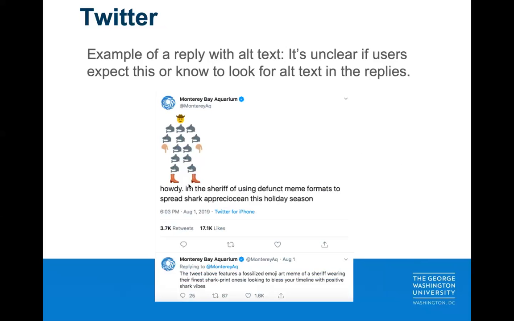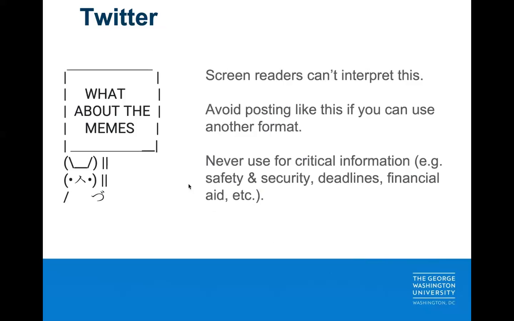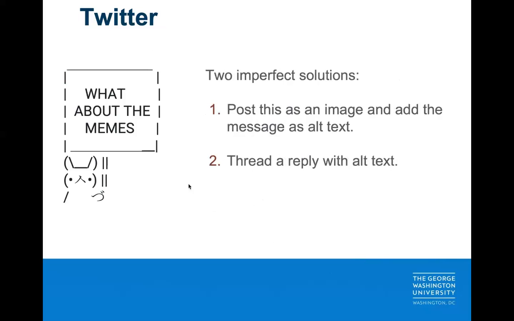Do users who need that read to them know that it's going to be there? Do they expect that information? Do they know they have to open up the replies? Unclear. So we're just going to fall back on these recommendations. Avoid it if you can, but if you can't, try to make it as accessible as possible.